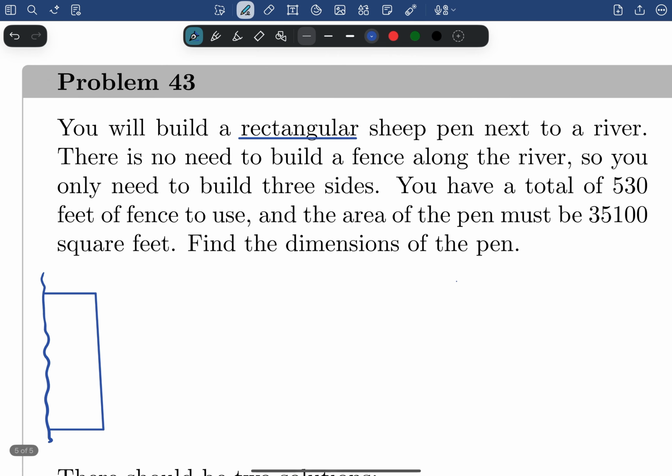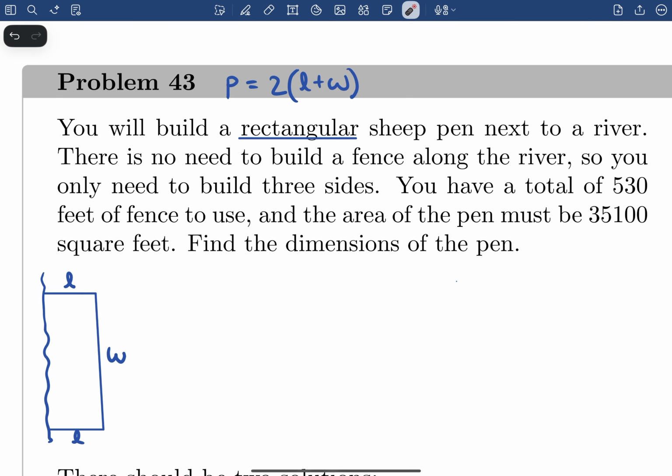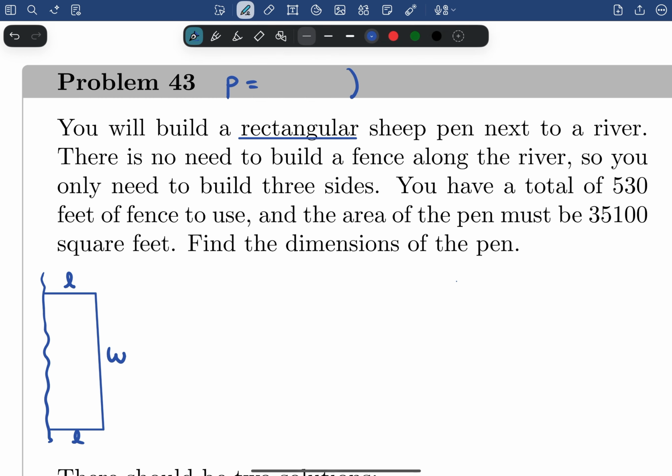Cool. Now, talking about a rectangle, you'll remember that the perimeter of a rectangle is usually 2 times the length plus the width. But in this case, let's say the length is this here and here, and the width is this. Well, the second width is missing, right? I don't need that for fencing, so my perimeter in this special case is really just 2 times the length plus the width.